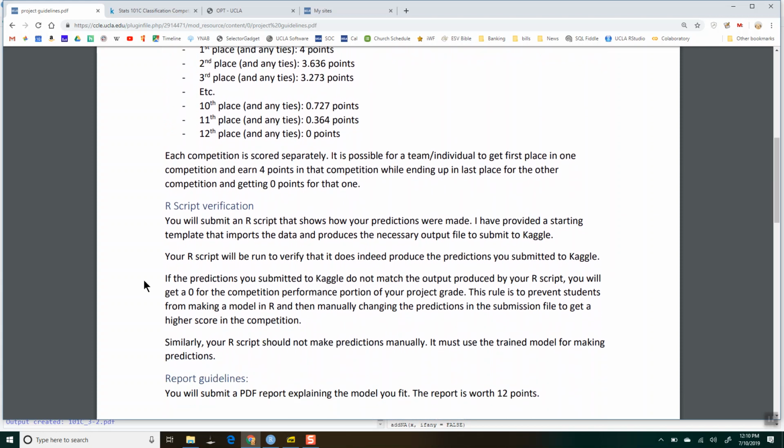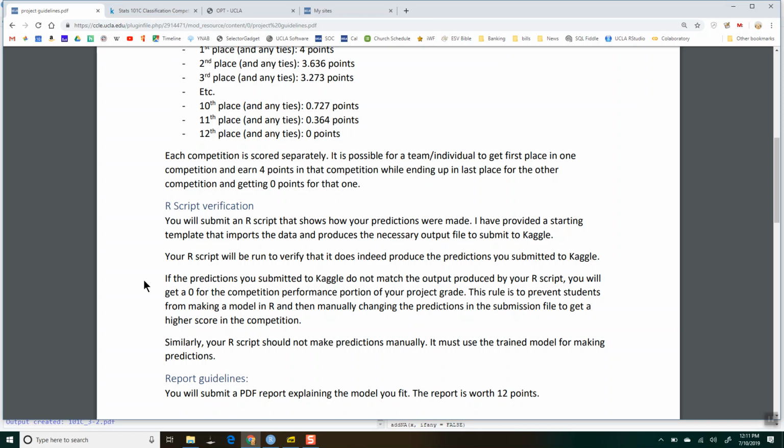You will have to submit the R script that you use to generate your predictions, okay? I'm going to verify that the R script you run indeed produces the predictions you used in the competition. The reason is I don't want people to run some model and get predictions, and with Kaggle, all you do is upload the prediction file.